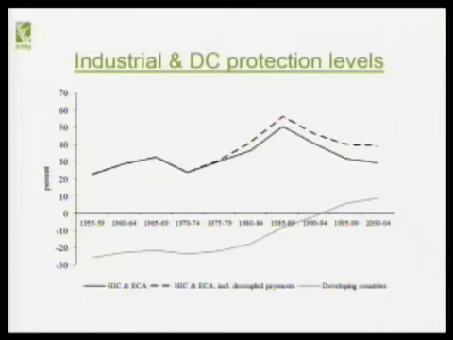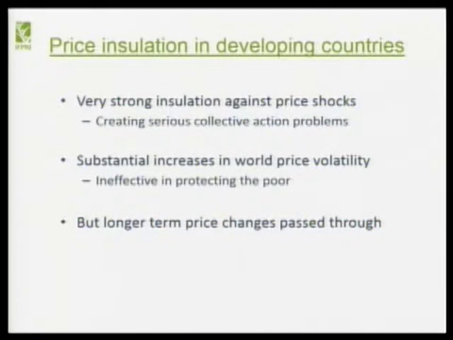We look at Kym Anderson's results through to 2004, and we're currently updating these numbers through a consortium of international organizations, but this shows the story: high agricultural protection in the industrial countries, and negative protection in the developing countries through until the 1980s, and now a move into quite substantial positive protection in developing countries. That's a very important change because it changes the whole dynamic of negotiations, which are about improving market access.